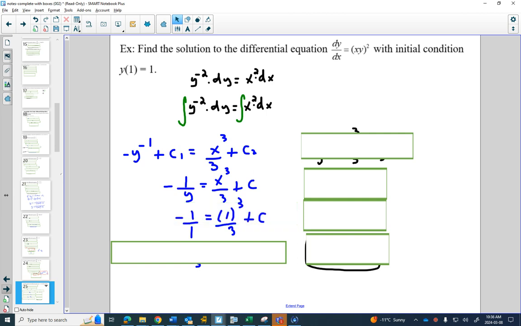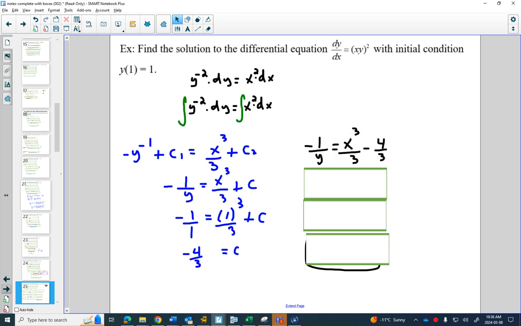No need to rearrange and solve too much to get y by itself. At this point, once I have c, now I can go back and plug in c. Now from here, if I wanted to, I can get y by itself.